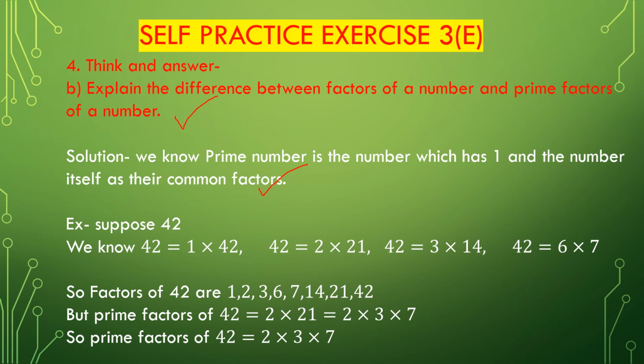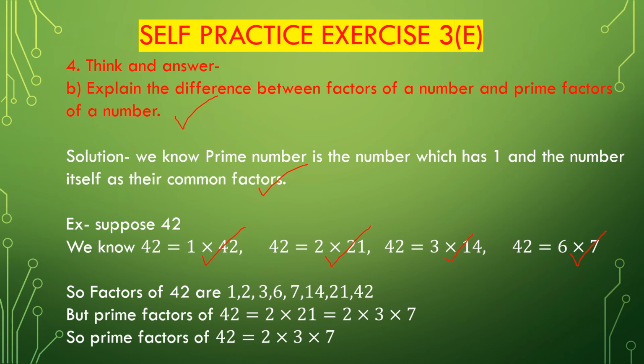Take the example of 42. When we multiply 1 with 42 we get 42. When we multiply 2 with 21 we get 42. When we multiply 3 with 14 we get 42. When we multiply 6 with 7 we get 42. These are the factors of the number 42.